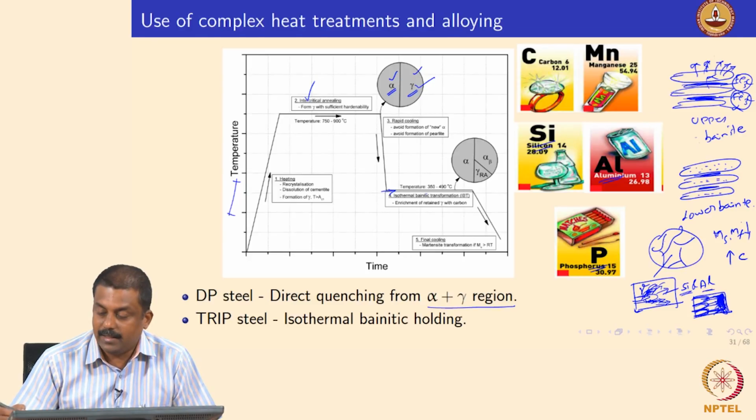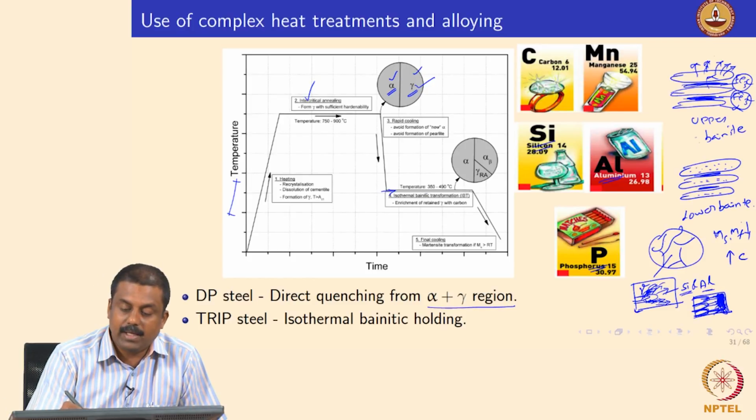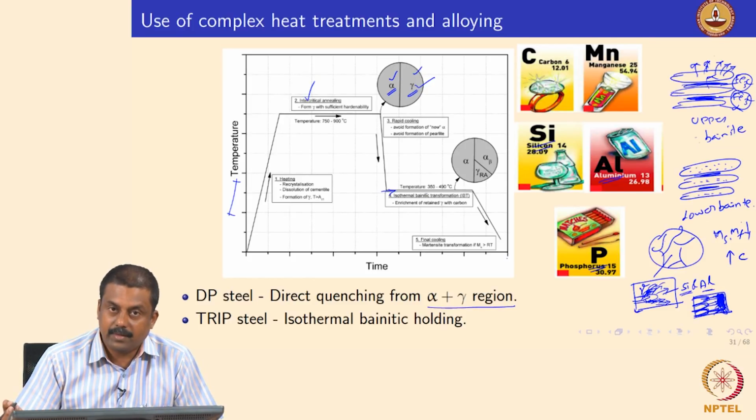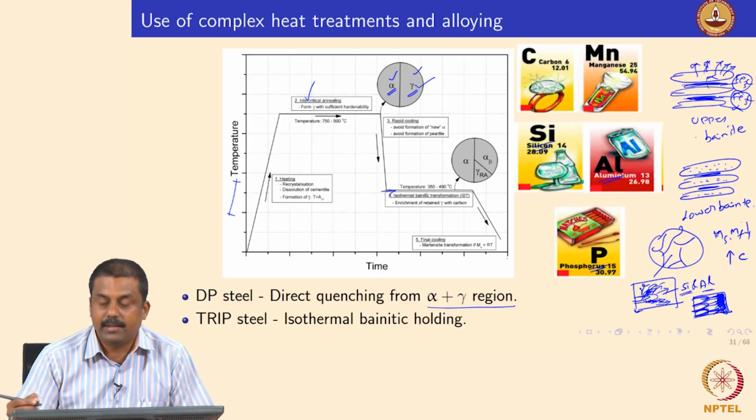I will explain some thermodynamics in the next slide, and you can now assume that upon sufficient enrichment in carbon, the untransformed austenite would remain as austenite upon subsequent cooling, because the next transformation when you cool from here is obviously the martensitic transformation. But if you are enriching austenite significantly in carbon, your MS and MF temperatures would decrease much further. MF would go below room temperature, and MS would reduce significantly, to about 250 degrees centigrade or so.